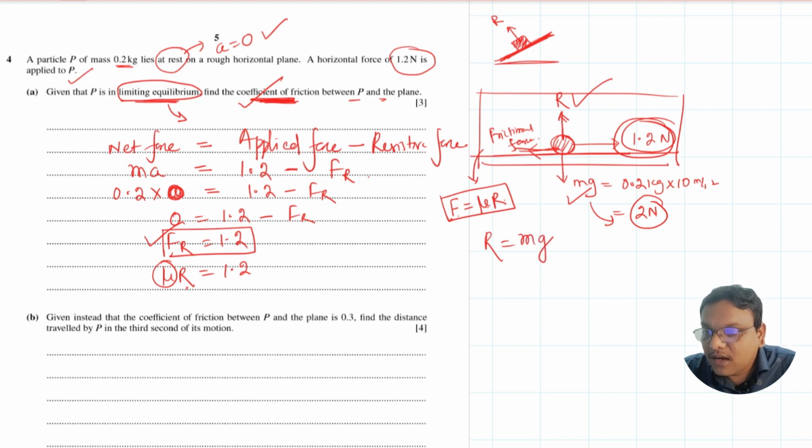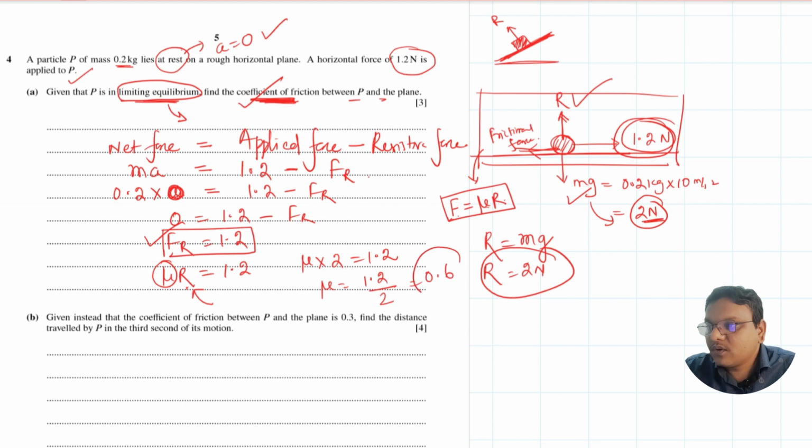So R equal to mg, we have 2 Newton. So R equal to 2 Newton. Very simple. In place of R, we can put 2 here. If I rewrite this, mu times 2 is equal to 1.2, so mu is equal to 1.2 over 2, which is equal to 0.6. So definitely the answer for this coefficient of friction will be 0.6. Did you understand?